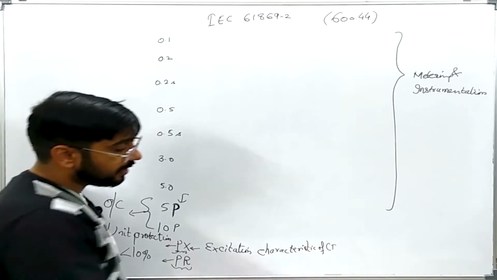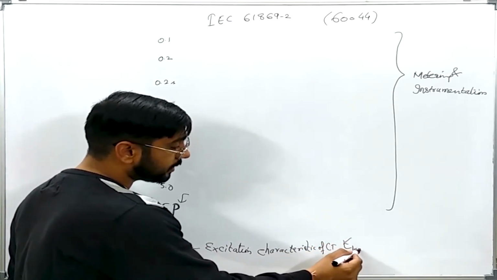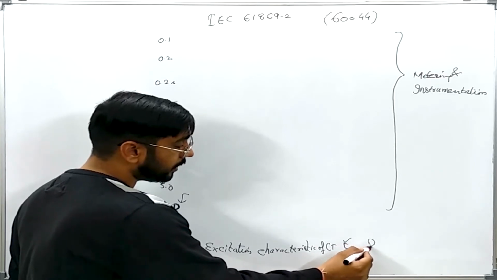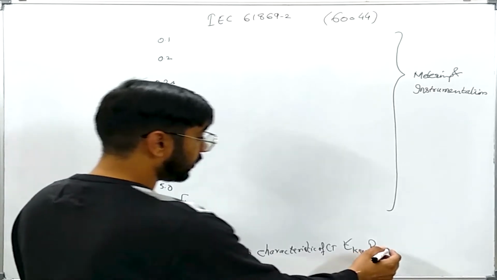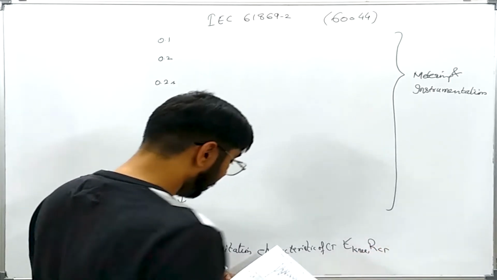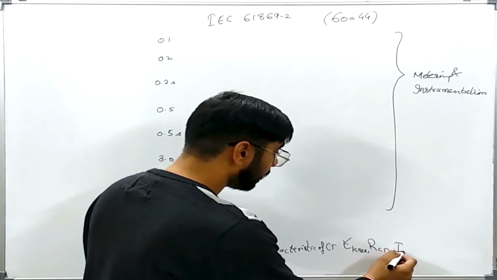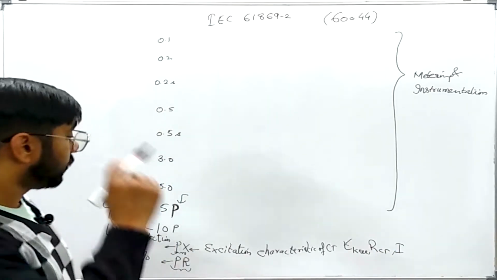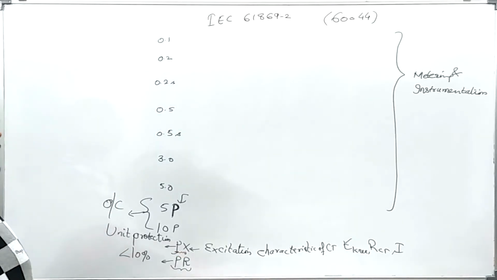Usually we define or ask for the knee voltage, the CT secondary resistance, RCT, and the current. These three parameters are defined for this class of CT.